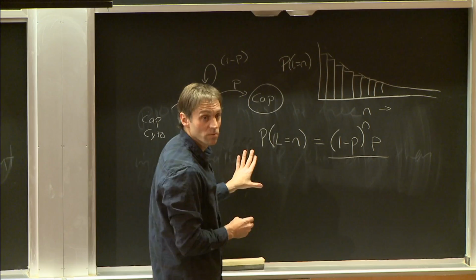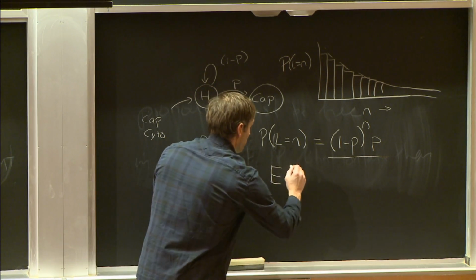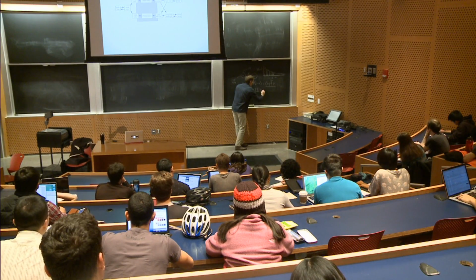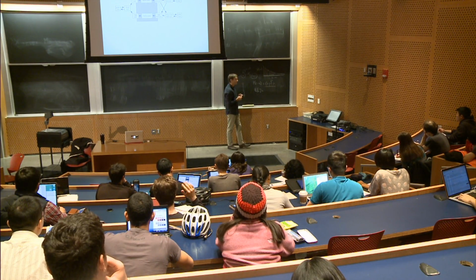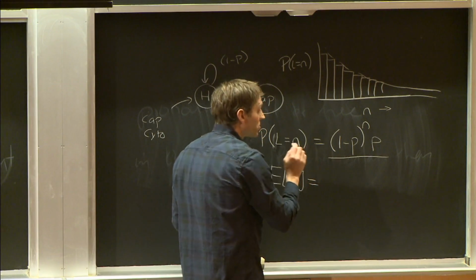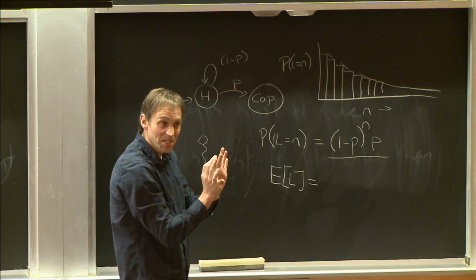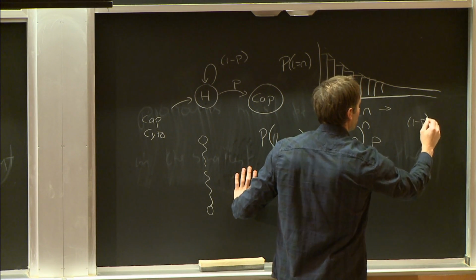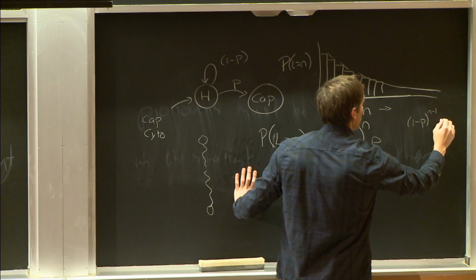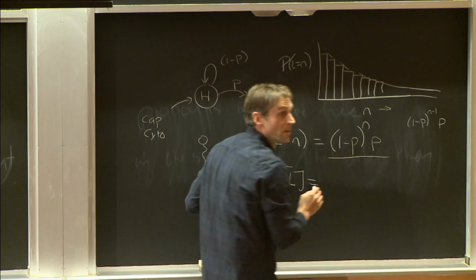And what is the mean of this distribution? Anyone remember this? Yeah, so there's sort of two versions of this that you'll see. One of them is the 1 minus p to the n minus 1 times p, and one of them is this.